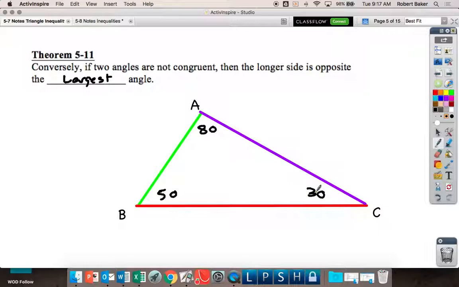Okay. Hey, guess what? That triangle has 180 degrees in it. So if A is the biggest angle, what's the longest side? This one. Longest side. If angle C is the smallest angle, what's the smallest side? Smallest. And that leaves the purple line to be the middle one.